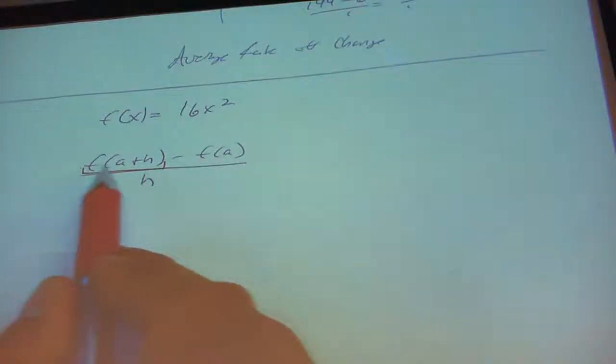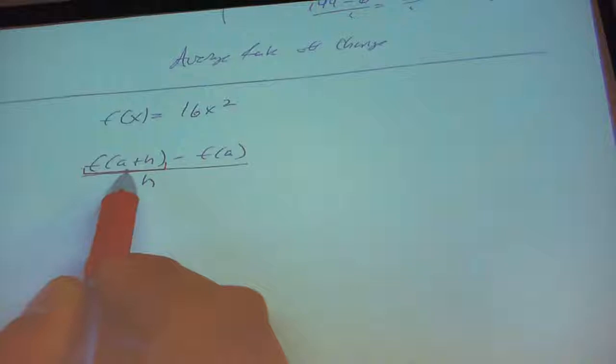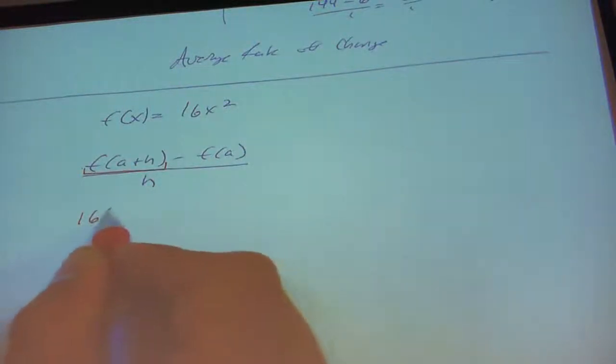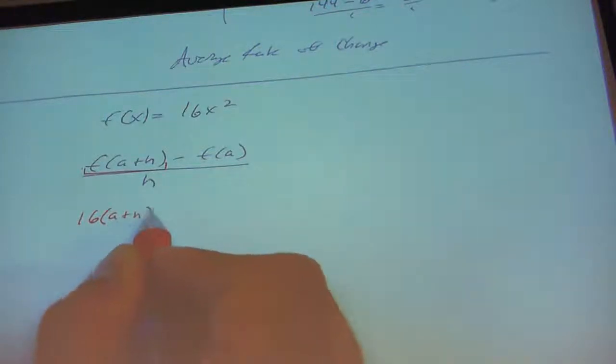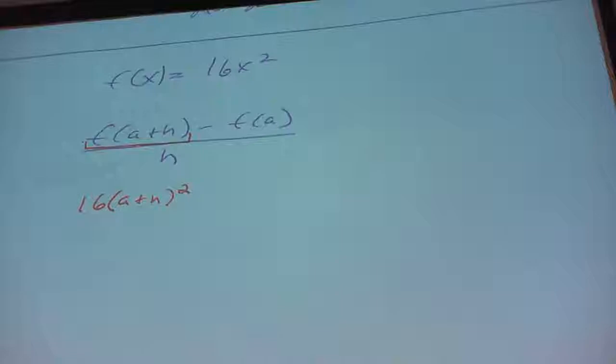If this was f of 3, you plug 3 in. If this was f of 2, you plug 2 in. What am I plugging in? A plus h. So where there's an x, what am I putting in? A plus h squared. This is where we got a little confused last time, but this is the beginning of it all, why algebra is so important.